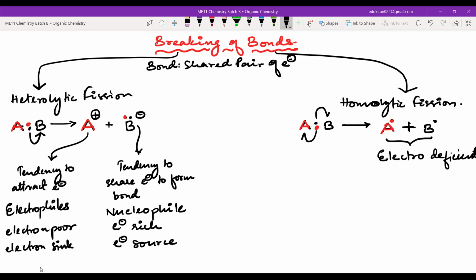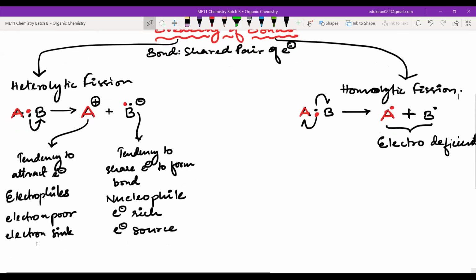Okay, in heterolytic fission, let me add one more point.